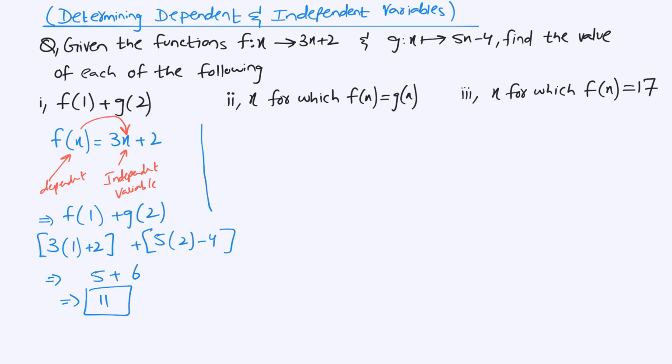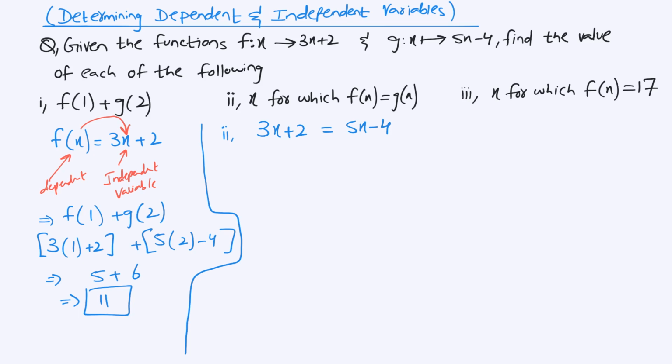Now for the second part, you have to find the value of x for which f of x is equal to g of x. Alright, so we need to come up with that value of x where my function f of x is equal to g of x. So I know that f of x is 3x plus 2 and g of x is 5x minus 4.